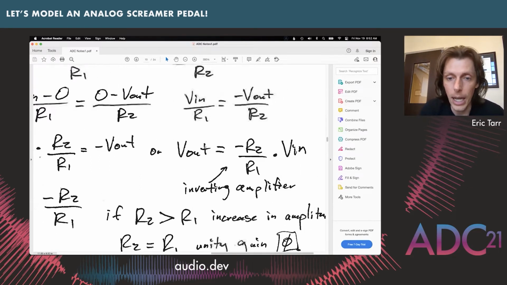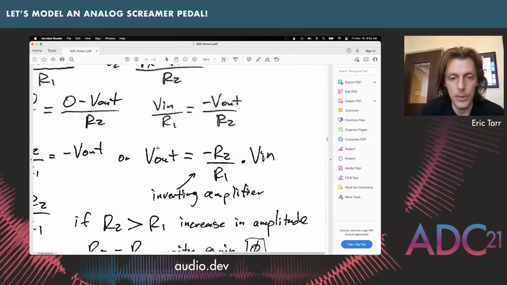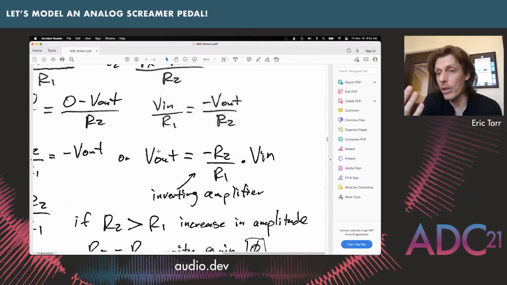And so we end up with this relationship where we have our output, could be Y in our code, equal to negative R2 over R1 multiplied by Vin. So this one's called an inverting amplifier, where the output voltage is actually the opposite polarity as our input voltage, because there's this negative sign that gets multiplied as part of it.